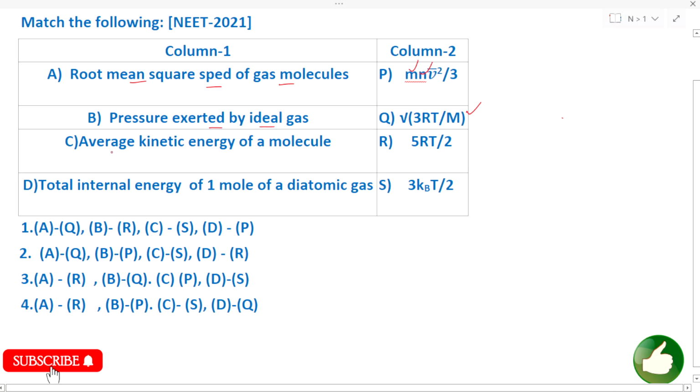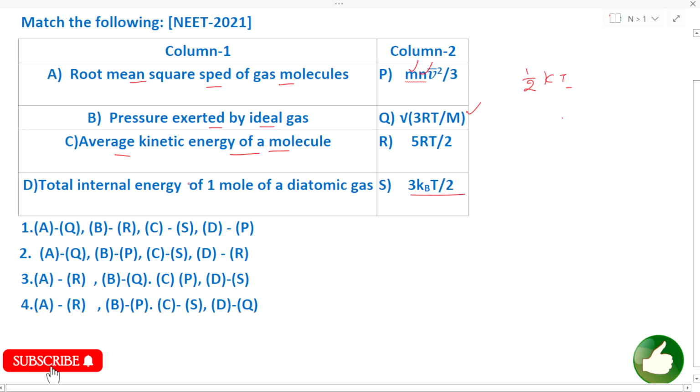Next, average kinetic energy of a molecule. We know that the kinetic energy per molecule per degree of freedom is 1 by 2 kT, where T is absolute temperature. But he told that it's a molecule, so for a molecule you will have 3 degrees of freedom. Then the average kinetic energy will be 3 by 2 kT.